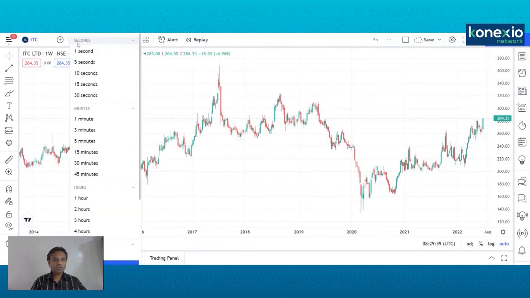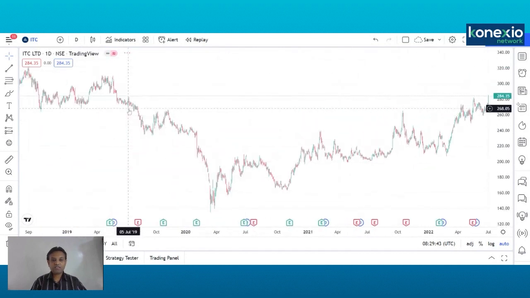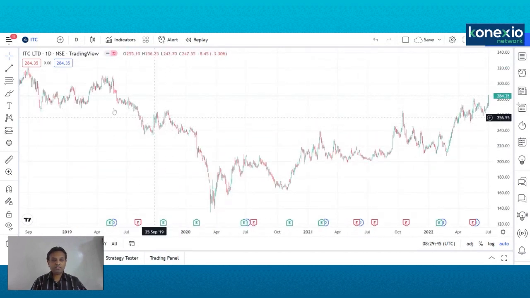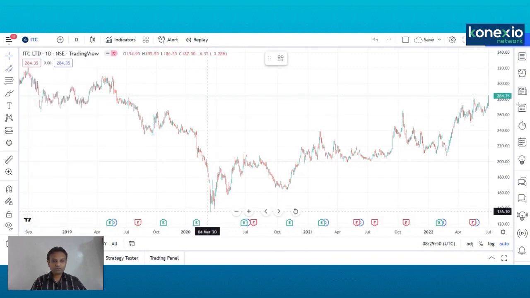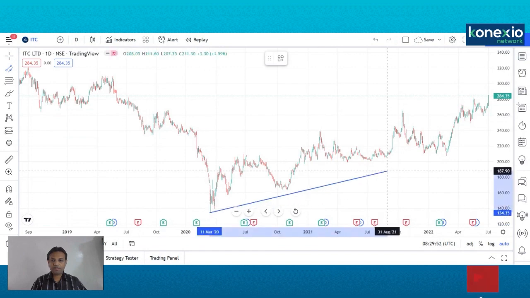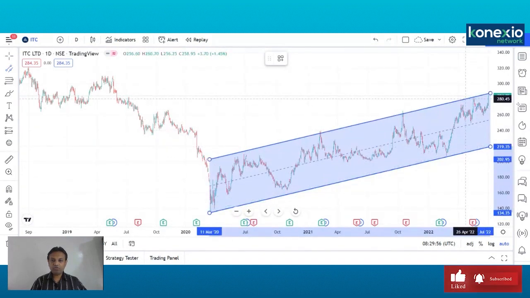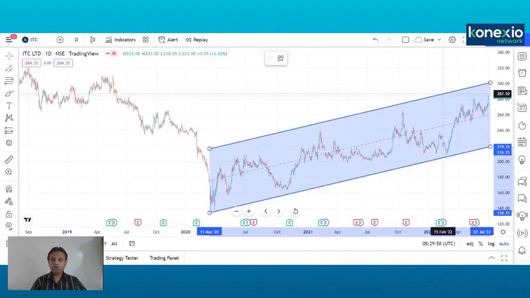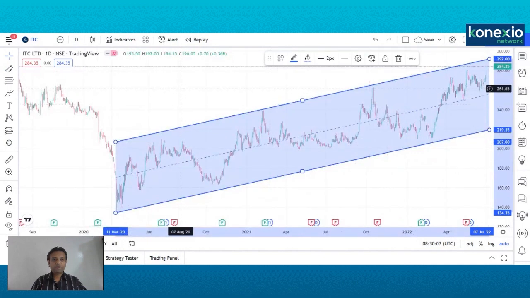Now let me draw a trend line so we will have a clear view that since the last 1.5 to 2 years the stock has been moving in an upward trend with high volatility, and the stock has tried to climb all sorts of worries, and again it is on the verge of a breakout.